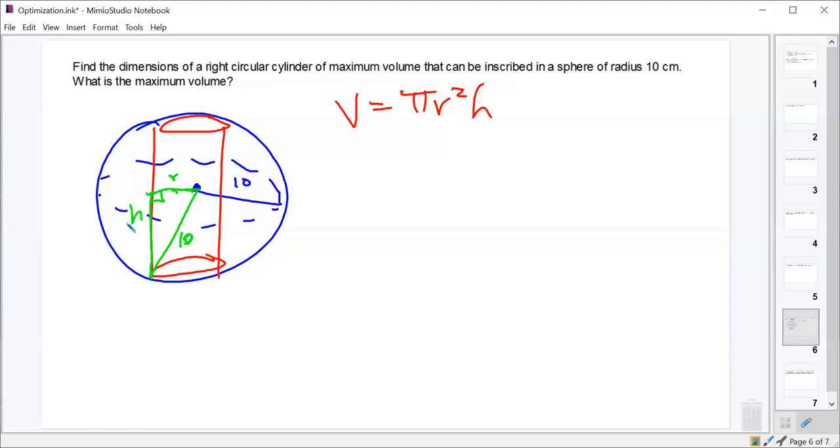It should be half of the height of that cylinder, right? So h over 2, or 1/2 h. And so we should be able to use the Pythagorean theorem to relate r and h together. We should get r squared plus h squared over 4 equals 100.